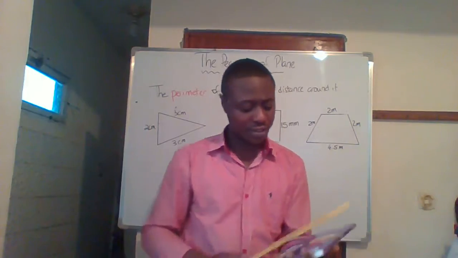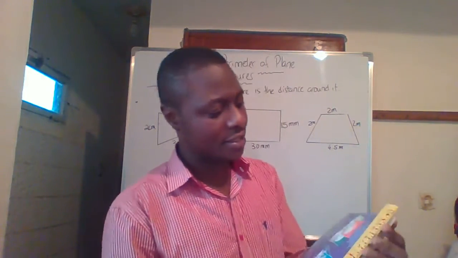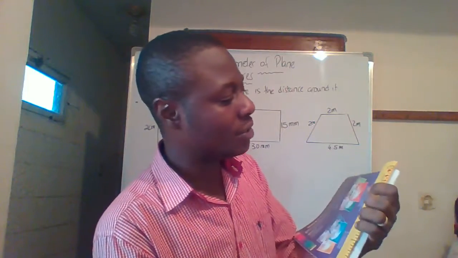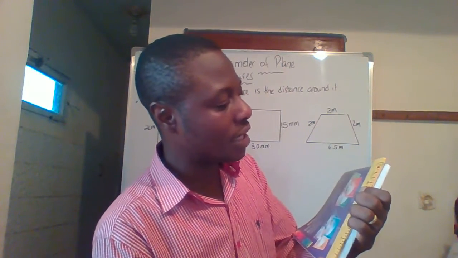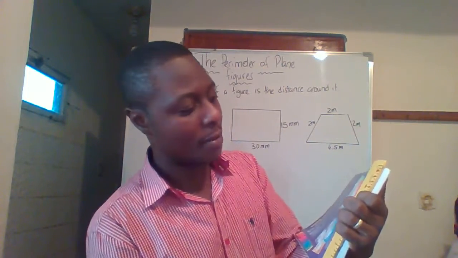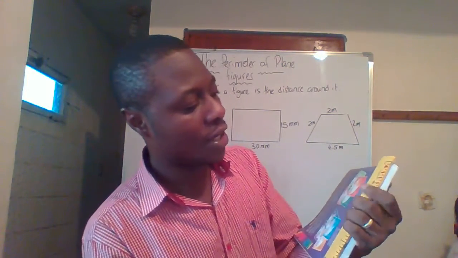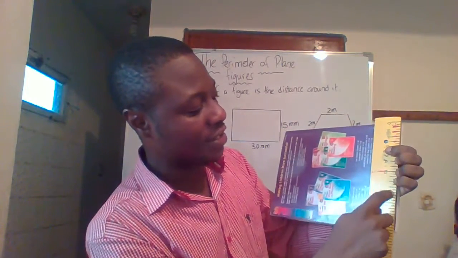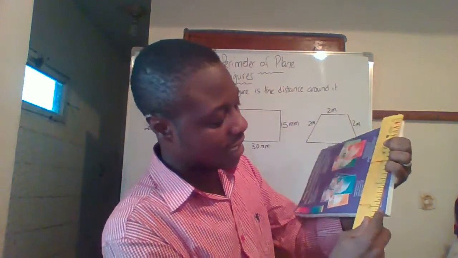So if I take the shorter side, same concept. I need to make sure that my 0 starts at the beginning of the cover. So if I measure this, you see it's 5 centimeters, 10, 15, 20, and 21.